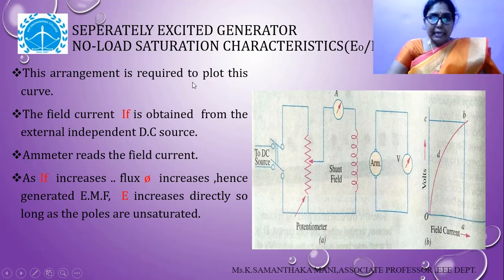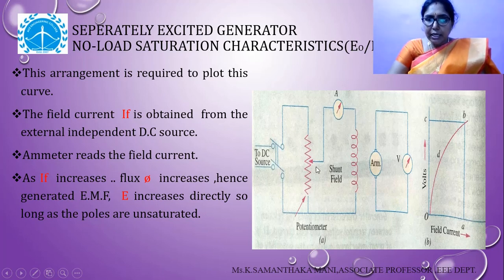So first we are starting with a separately excited generator. If you see this, this is a field winding which has been excited with a separate DC source through a potentiometer or potential divider, through the ammeter. This ammeter is to measure the field current IF.